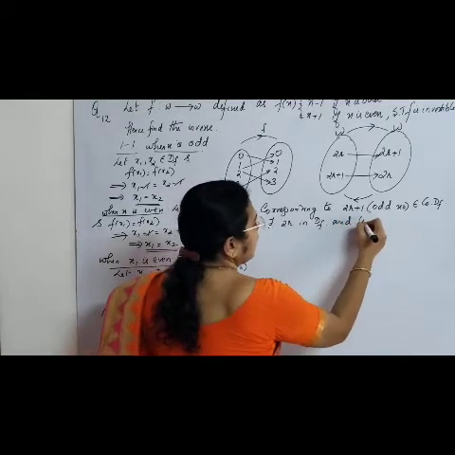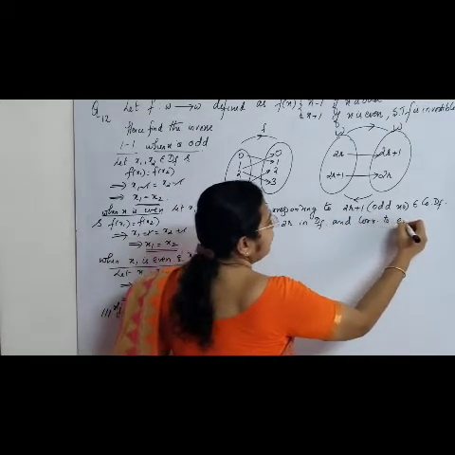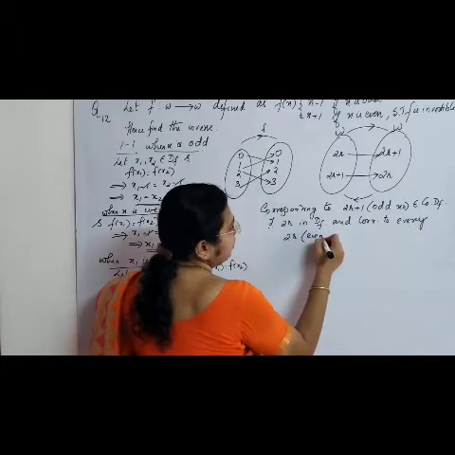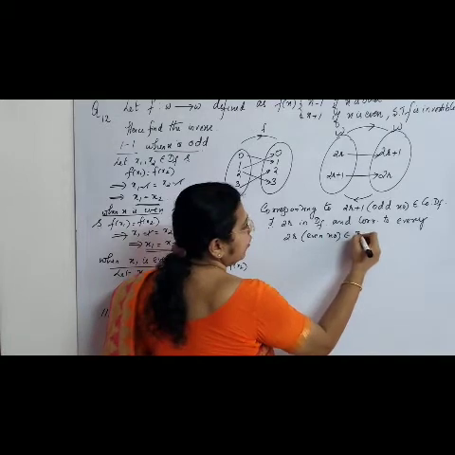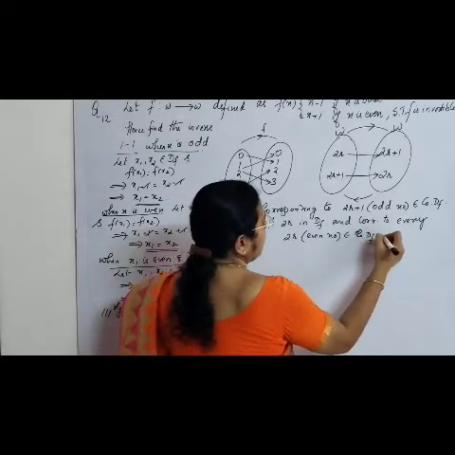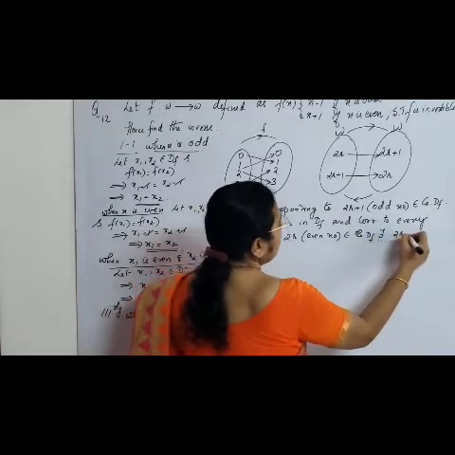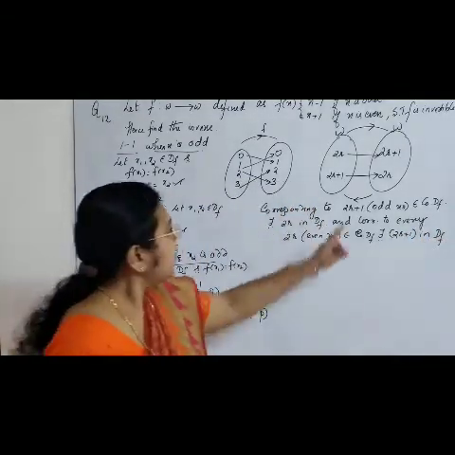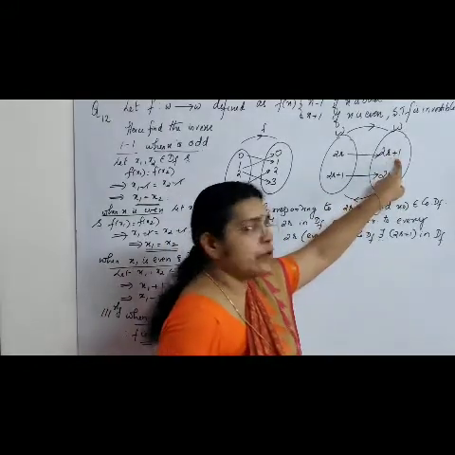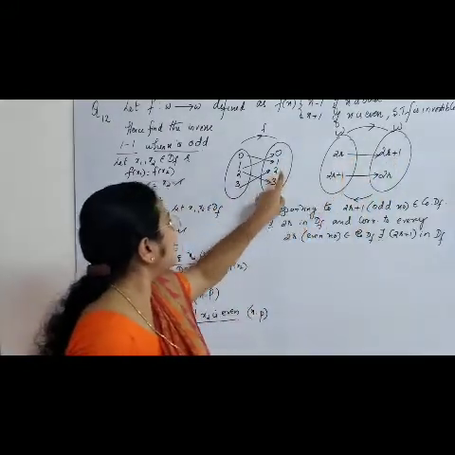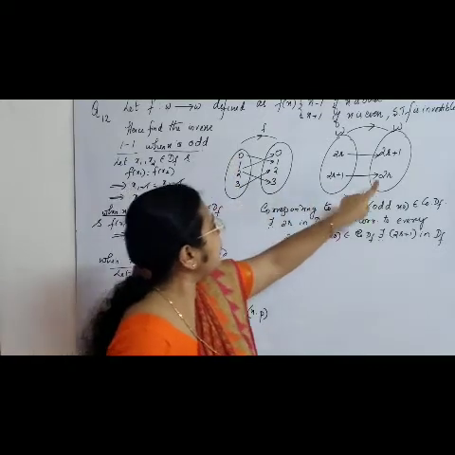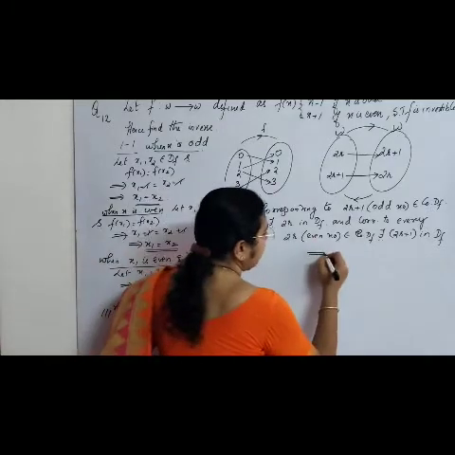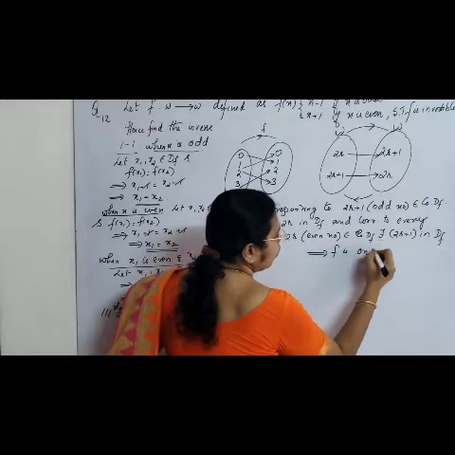And corresponding to every 2r, an even number which belongs to the codomain of the function, there exists 2r plus 1 in the domain of the function. Right? It's very clear. For every odd number you have an even number, and for every even number you have an odd number. So what can I say? This implies f is onto.